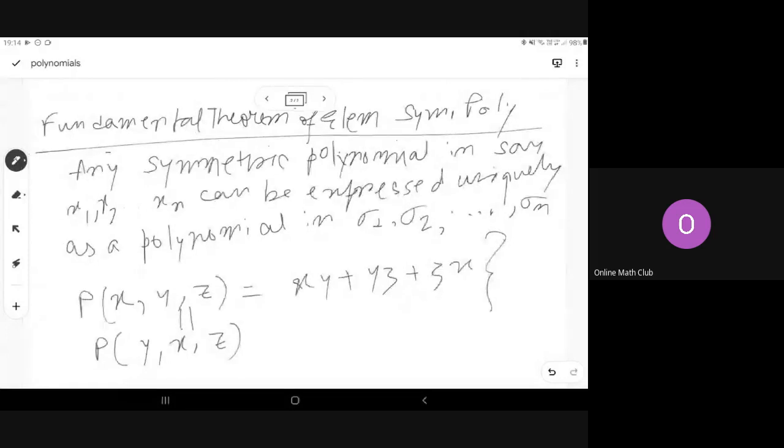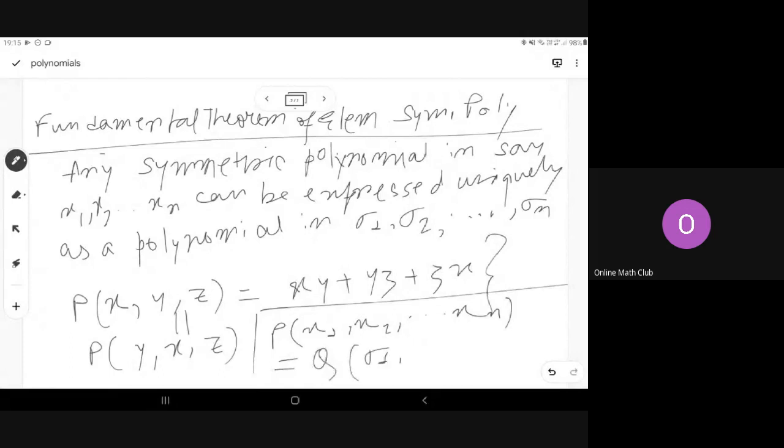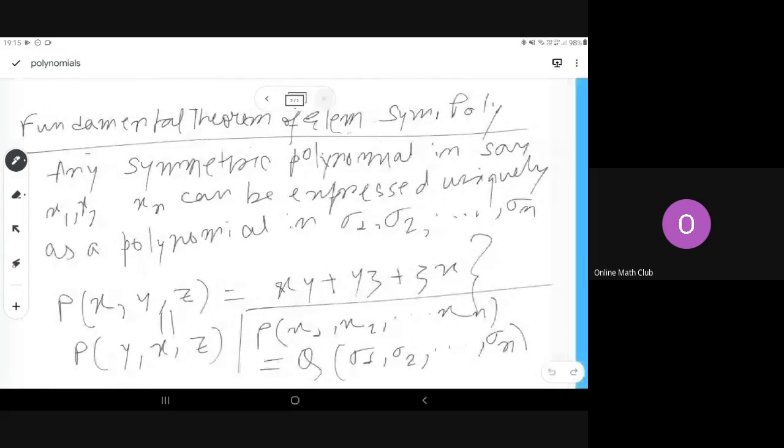The fundamental theorem of elementary symmetric polynomials states that for any symmetric polynomial in n variables x1, x2 up till xn, you can find a unique polynomial q in sigma 1, sigma 2, sigma n such that this holds. This is quite useful to know, hence I just mentioned it.